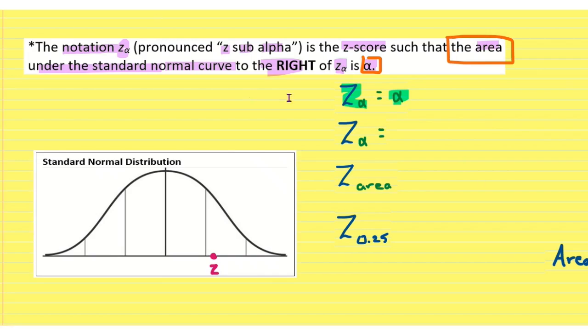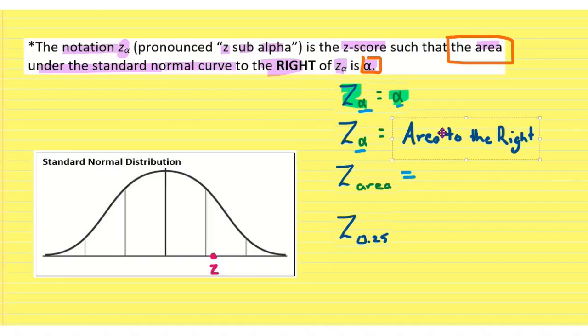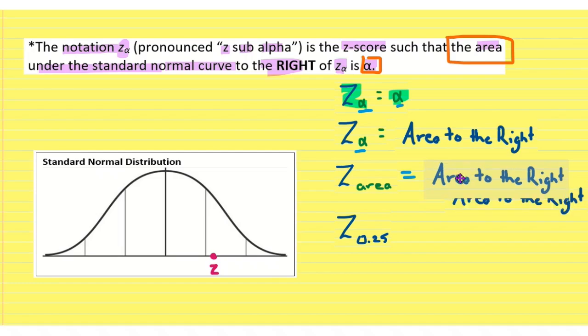So that means that alpha has to equal the area to the right in both places, right? So the z sub area to the right is equal to the area to the right. You see how you just got to understand what it is they're saying in the English sentence.